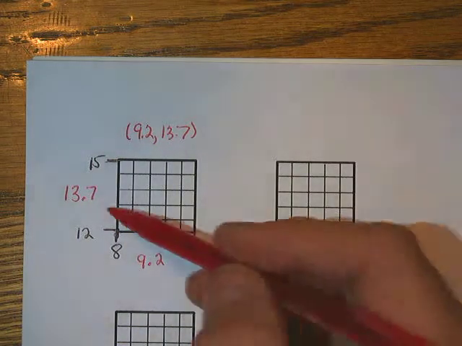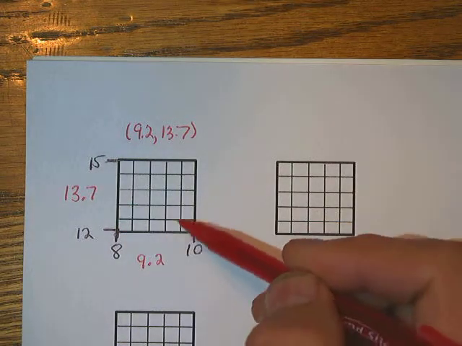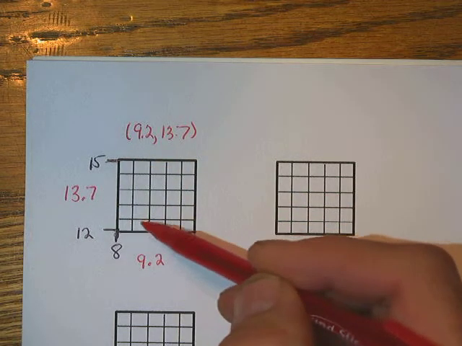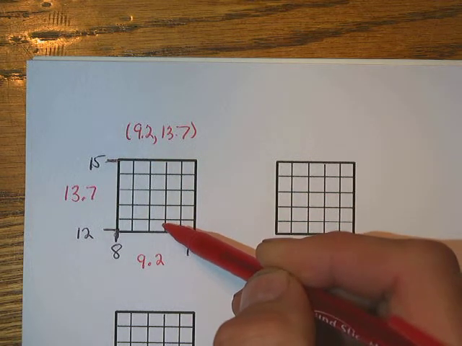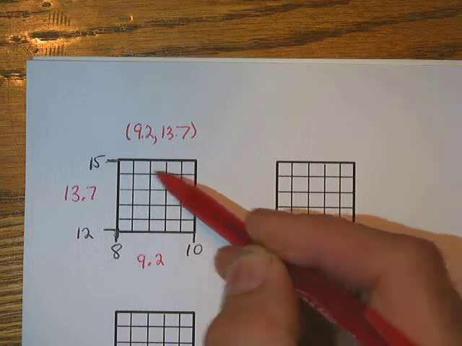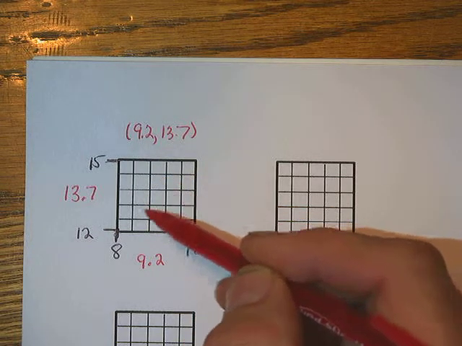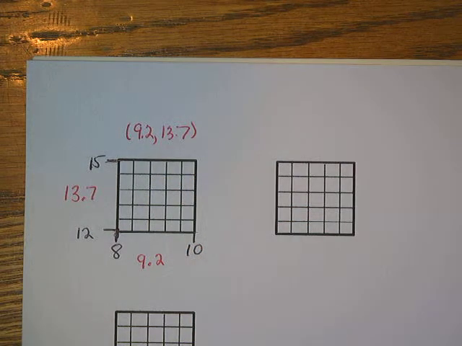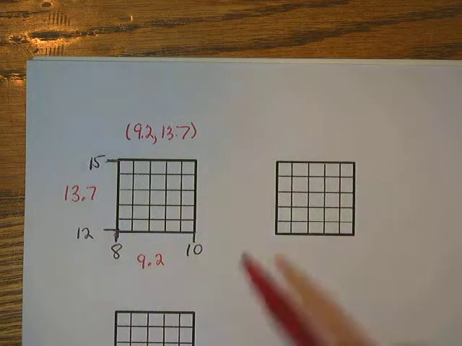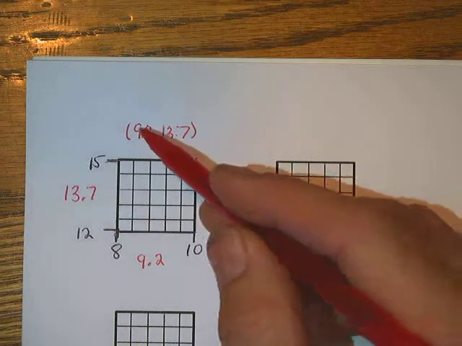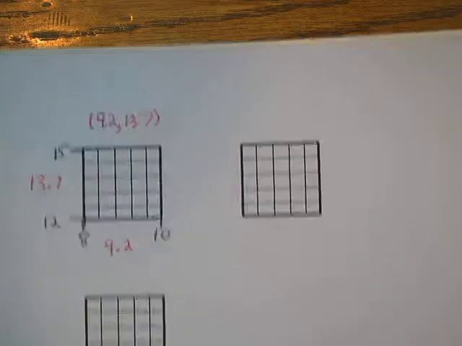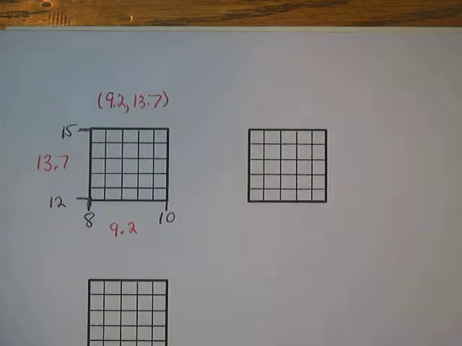So this is 9.2, this is 13.7. And the question is, where exactly in this grid should that point be placed? Is it down here somewhere? Over here somewhere? Kind of over towards that corner? Where in this grid should we put this dot so it most accurately represents the numbers that we're trying to plot, the 9.2, 13.7?